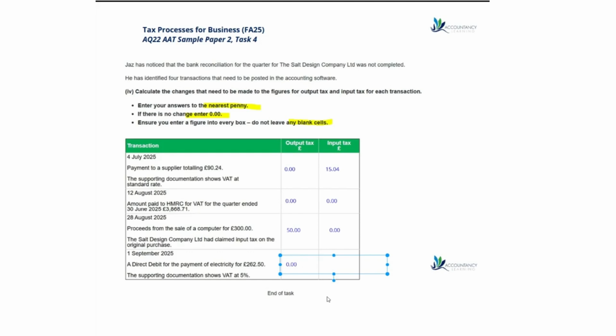Now this time it's at 5%. So we've got the gross amount of the payment, which is £262.50. Divide by 1.05 or divide by 105, then you can work out 5% on that, which comes to £12.50. And then that completes task 4.